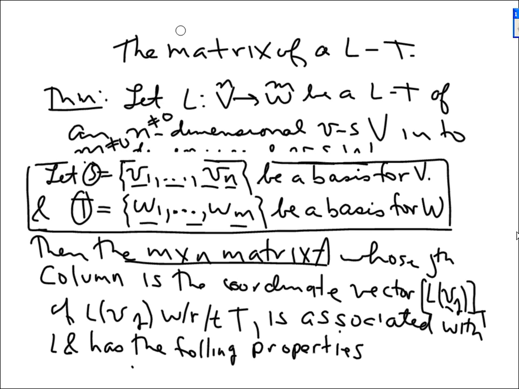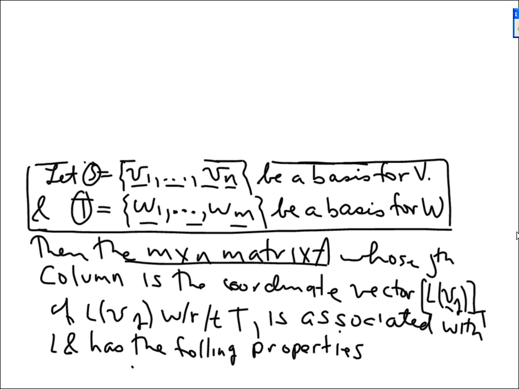So all I'm erasing is that L is a mapping from V to W, the linear transformation, the dimension of V is N, the dimension of W is M. Matrix A has the following properties.